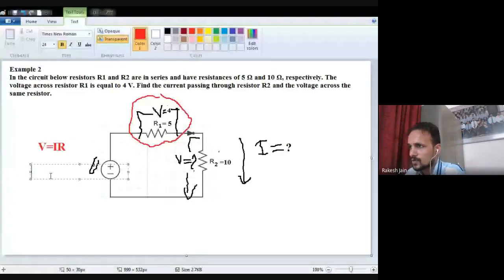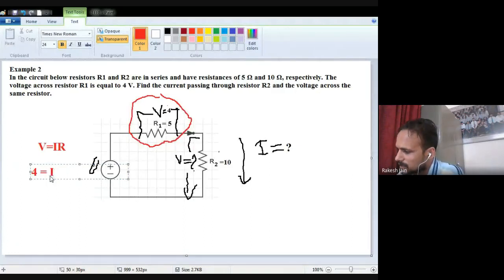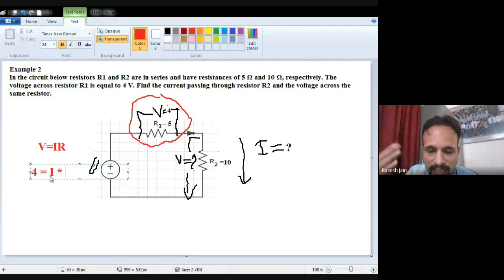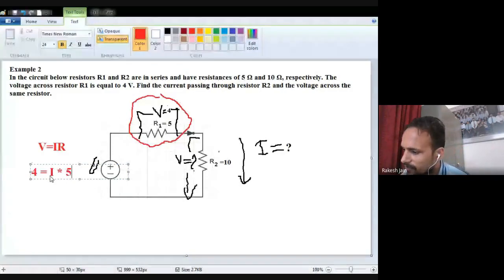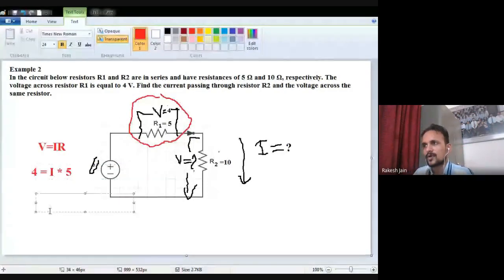Current is not given. What is the current through this R1 5 ohm resistor? It is not given, so I just put it as I, multiplied by R. The resistance value is 5. I can easily find the current through this resistance, because voltage is 4 and resistance is 5.